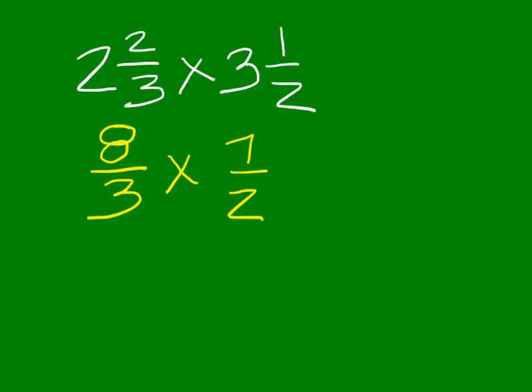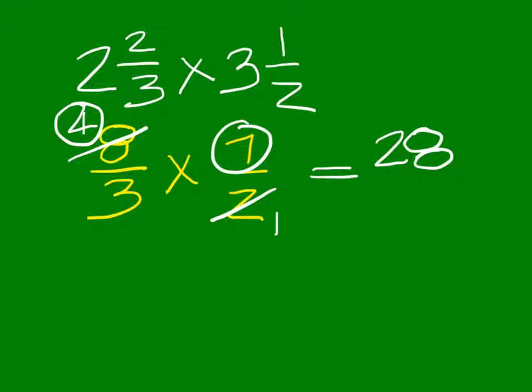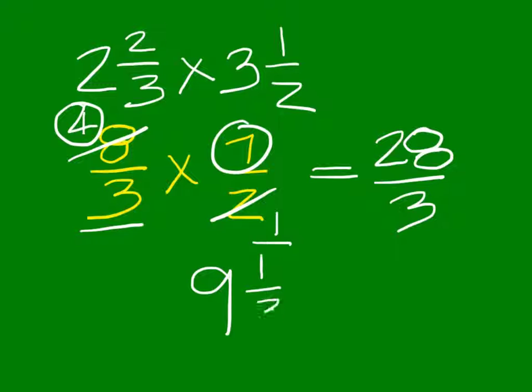Notice that you can cancel 2 into itself once, into 8 4 times. So that when you multiply the top, you have 4 times 7, and on the bottom 3 times 1. 3 goes into 28 9 times with 1 left over.